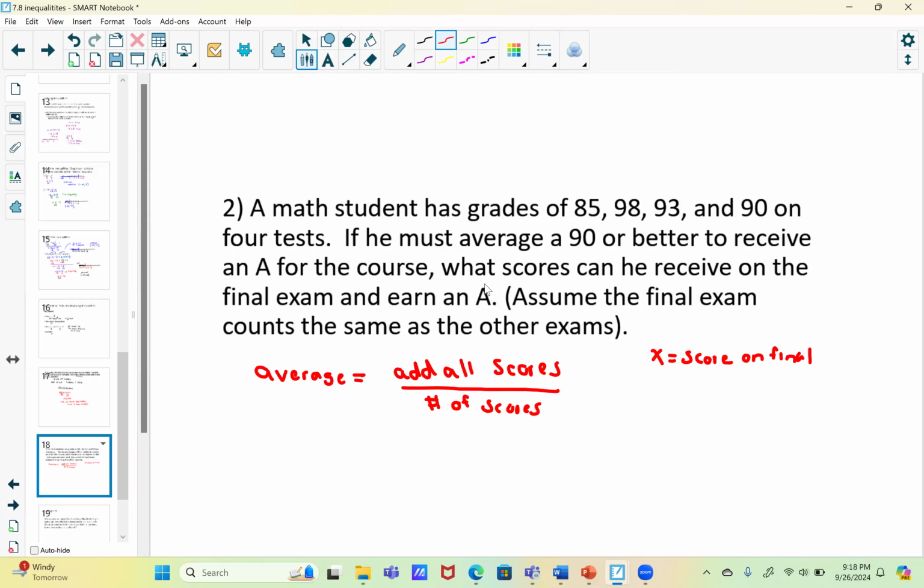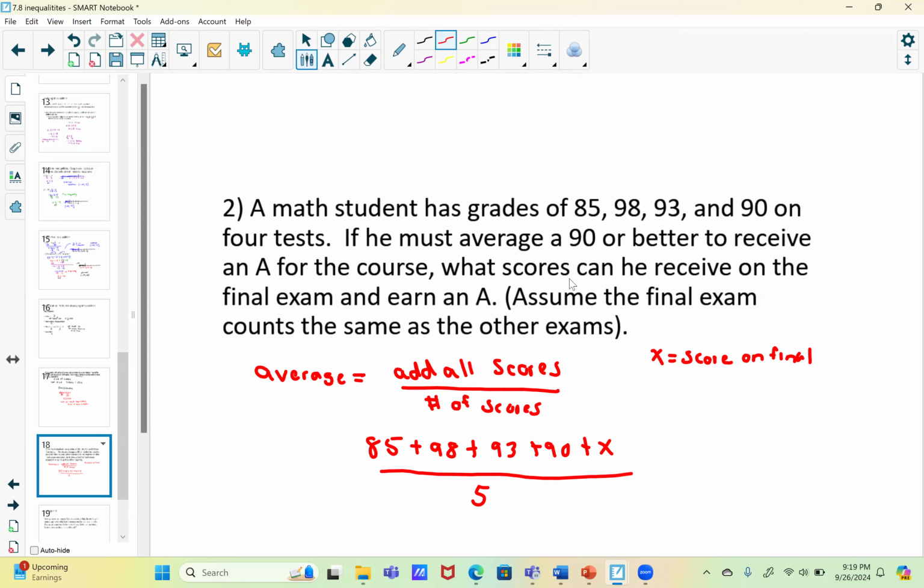We add up all the scores: the 4 tests and the final exam. So we have 85 plus 98 plus 93 plus 90 plus X, that's my 5th exam. We would divide it by 5 because I have 1, 2, 3, 4, 5 tests.